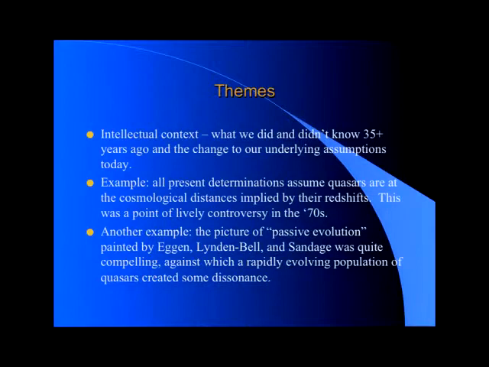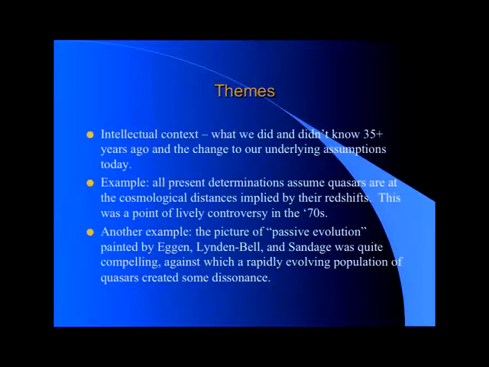So you've been hearing the intellectual context, which is easy enough to forget, but it is certainly true that almost all the early papers had to have some discussion about whether these objects were actually at the distances indicated by their redshift. That's a preface that's no longer required. And not only was there this question of that kind of placement in the universe, but there's the question of could a population be evolving that rapidly?